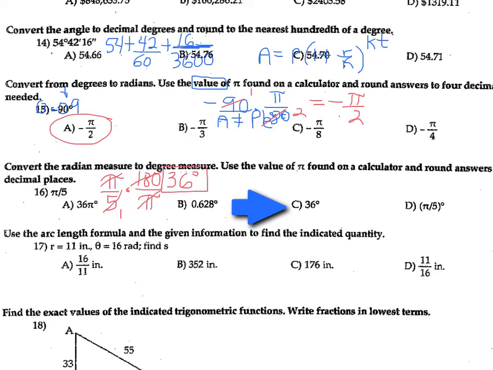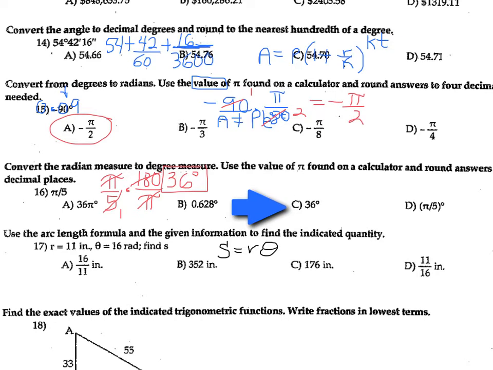Number 17 requires a formula. There are actually two formulas, one with radians and one with degrees. So here's another formula, Nathan, that you need to copy in the formula chart. Arc length equals what? Radius times theta.